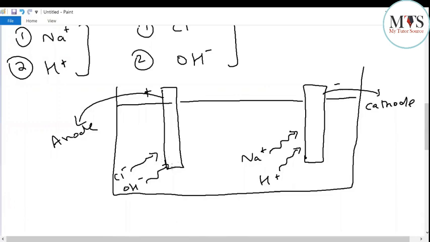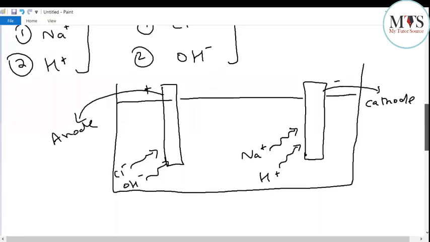So it's a competition between the two ions, which one of them is going to be oxidized. One of these two is going to be oxidized and the other one is going to stay as the negative ion. So now we have to decide that. I hope it's clear.